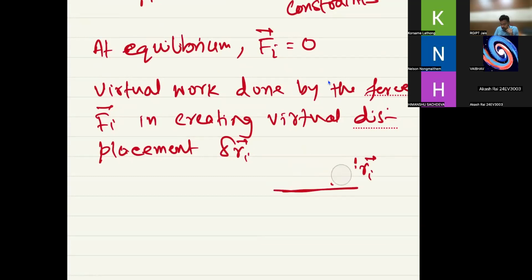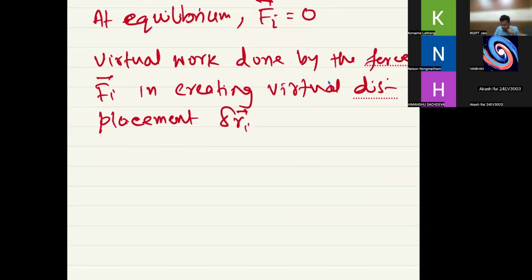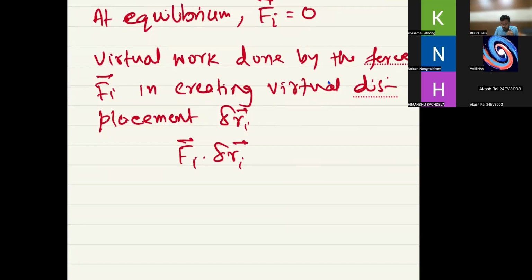Similarly, the virtual work done by this force Fi is Fi dot delta Ri, in creating this infinitesimal virtual displacement delta Ri. Now, if the system is in equilibrium, then summing over all the particles, the total virtual work done should be equal to 0.